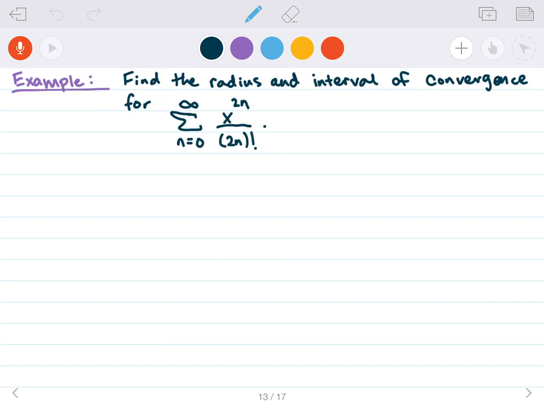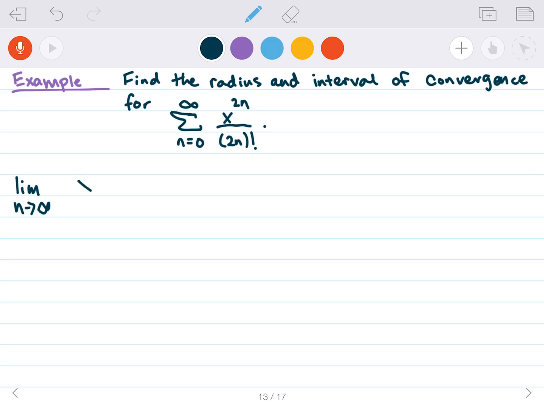All right, let's look at this one. I encourage you to pause the video here and see if you can do this. Again, we're just using that ratio test to see what's going on here. And here we go. Limit as n goes to infinity of a sub n plus 1. I'm just plugging in n plus 1 wherever I see n's here.